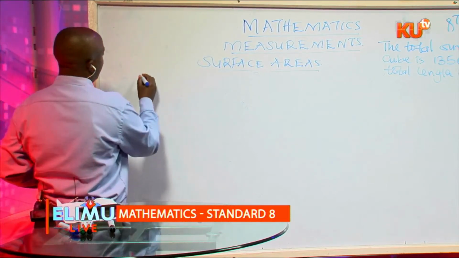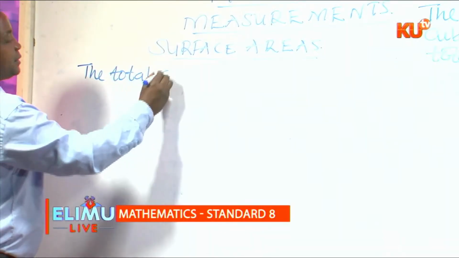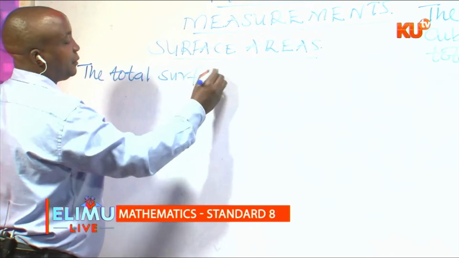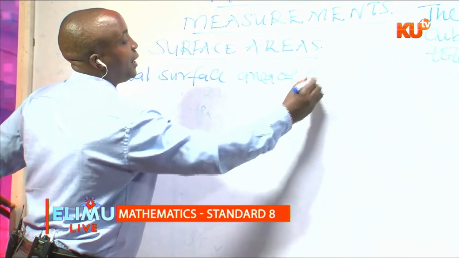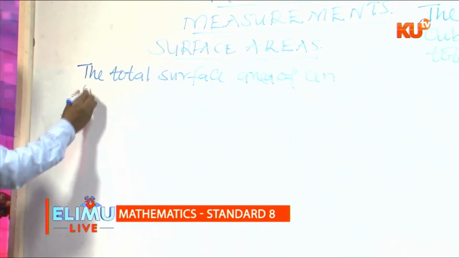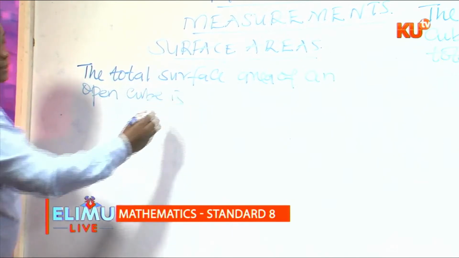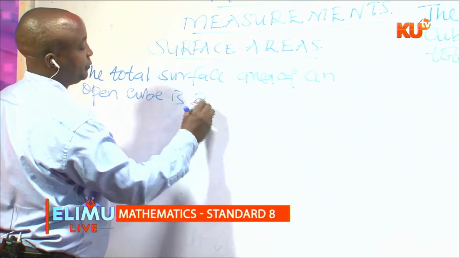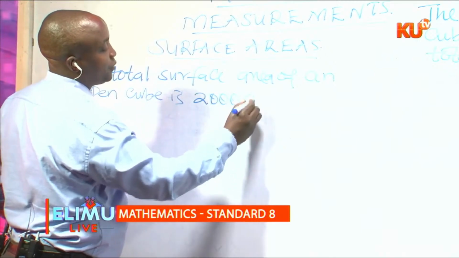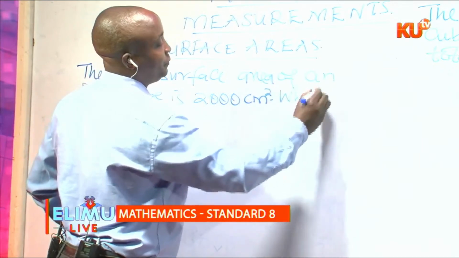So I have the total surface area of an open cube is 2,000 square centimeters. Then the question is, what is the volume?